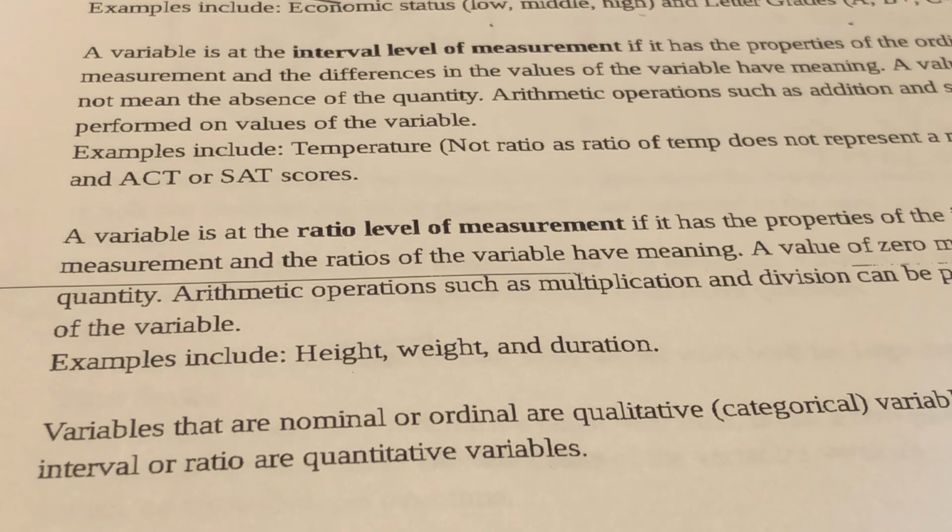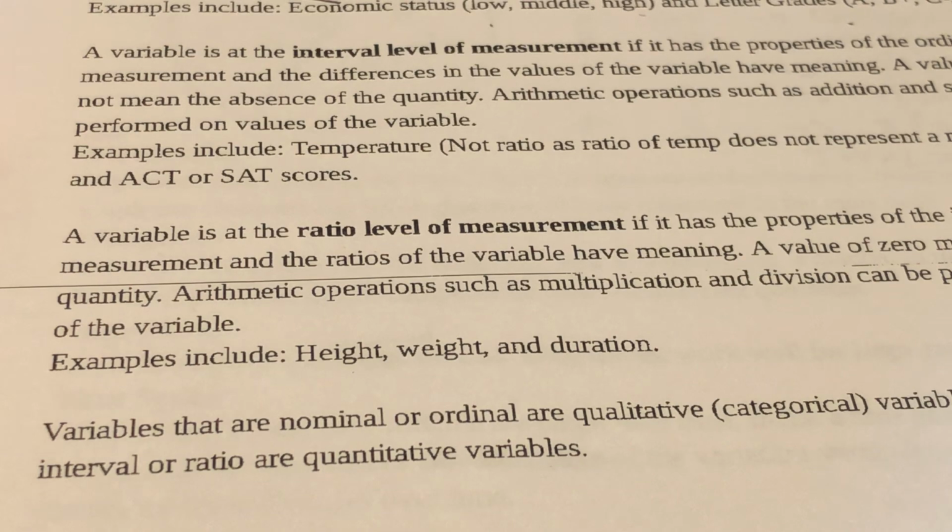The ratio of temperature doesn't represent a meaningful result. I can say it's 30 degrees more. If someone got an ACT of 30 versus an ACT of 15, that doesn't mean they did twice as well, but they did 15 points better. So you wouldn't divide that sort of thing. So that is interval.